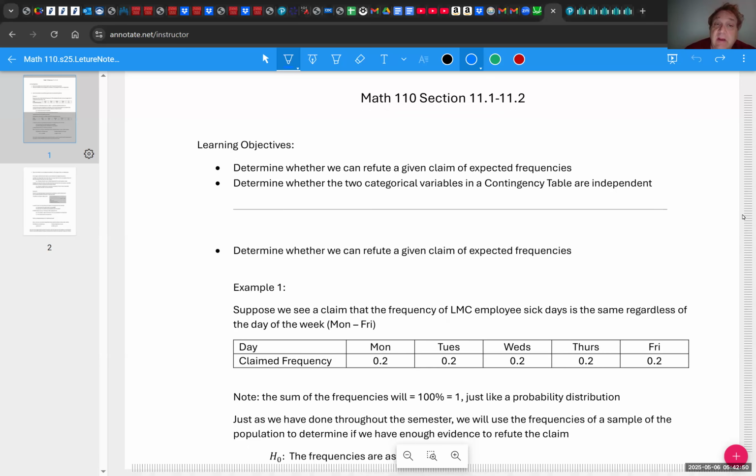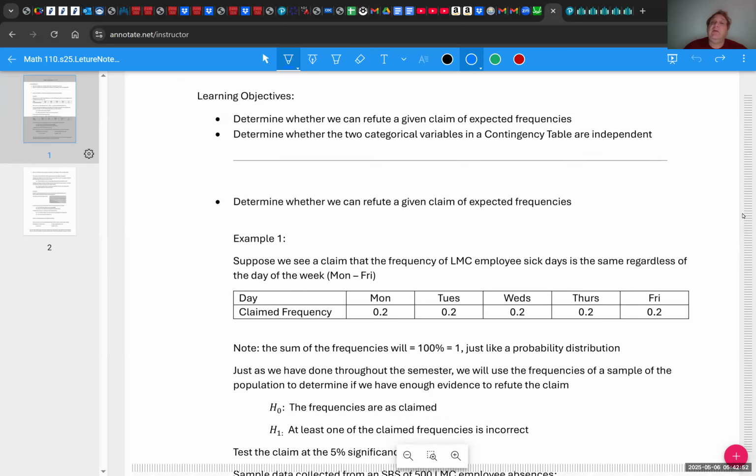Okay, so our first objective is to determine whether we can refute a given claim of expected frequencies. Frequencies or probabilities or how often something happens, you have lots of experience with. If you have knowledge of games of chance, the roulette wheel has a certain chance to land on a number, and you have a certain chance of showing up to work or whatever.